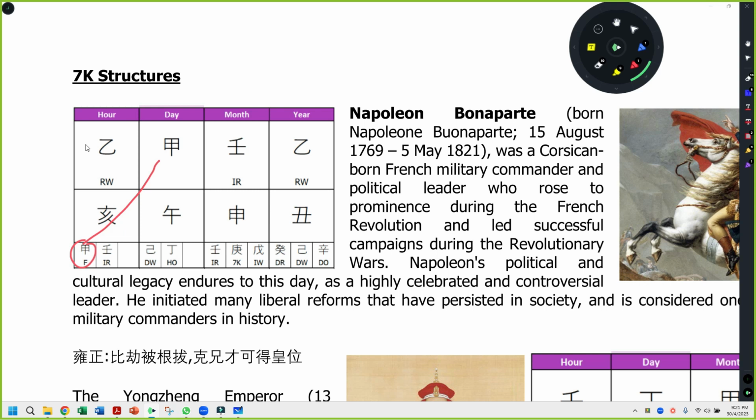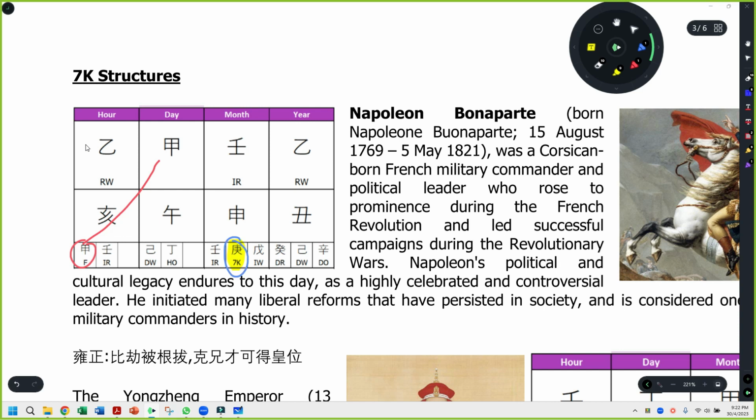So it's a weak day master, but now let's look into the 7 killing. So what is the 7 killing for a day master? The 7 killing will be in the form of the Keng metal, which is the 7 killing. Right, so therefore here, and this is the main element for the monkey month, which is the Keng.